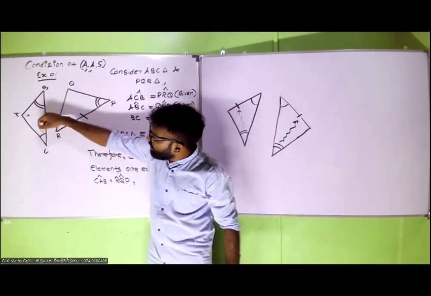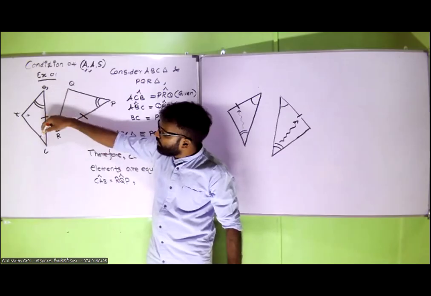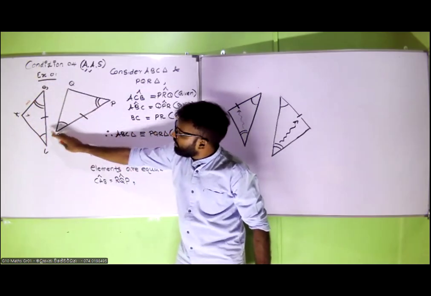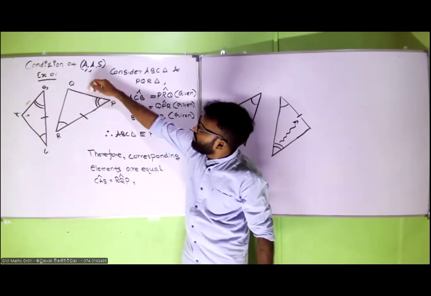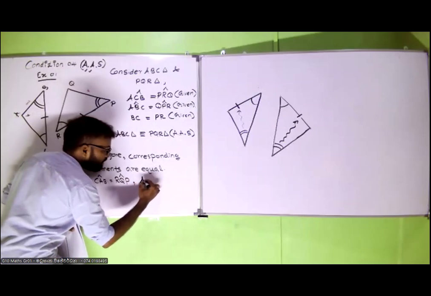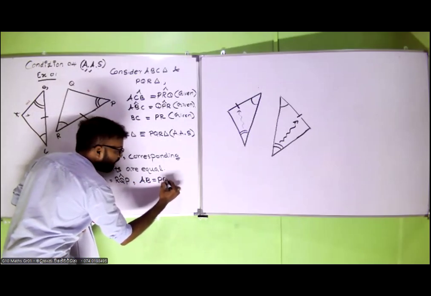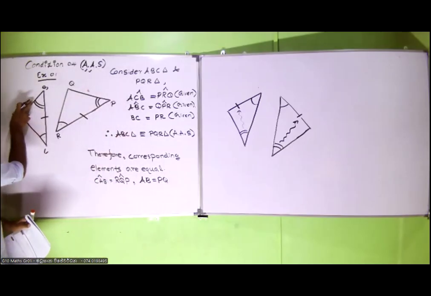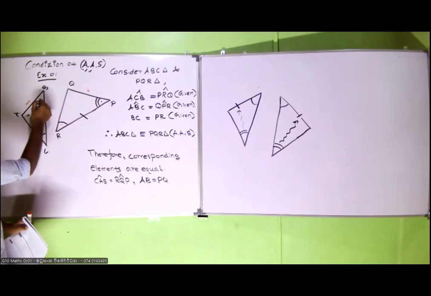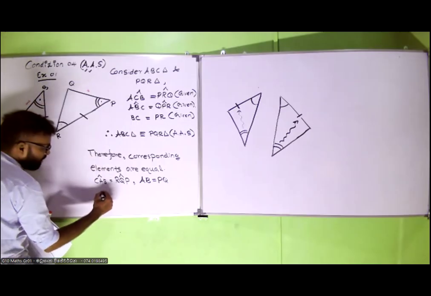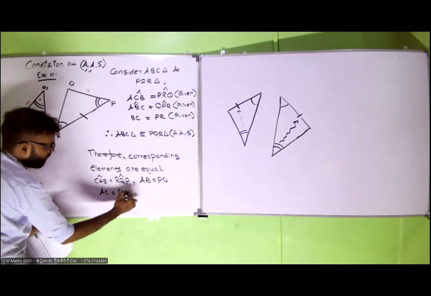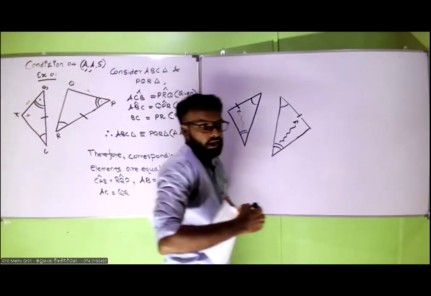This angle is equal to this one. In front of this angle you have side AB, and in front of the equal angle you have PQ. So AB equals PQ. These are the corresponding sides. For the rest: in front of this double-marked angle you have AC, and AC equals QR. These are the corresponding elements that you have.